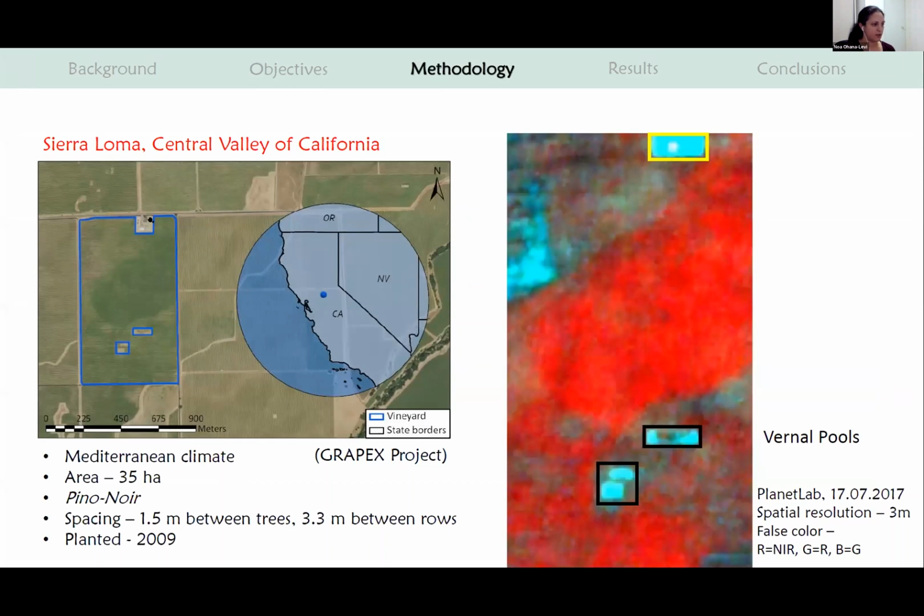So we worked in the Northern Sierra Loma vineyard, and I'm not going to talk about it because we've heard about this before. Just to say that we masked out areas that did not include vines.